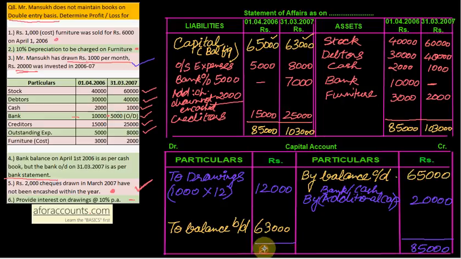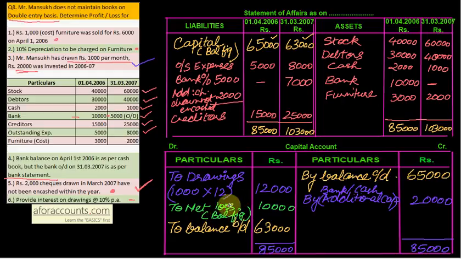So 85,000 is your total, and the balancing figure will be your loss. So 85,000 minus 63 minus 12,000, that comes up to 10,000 of your balancing figure. 10,000 is the net loss, that is your balancing figure.